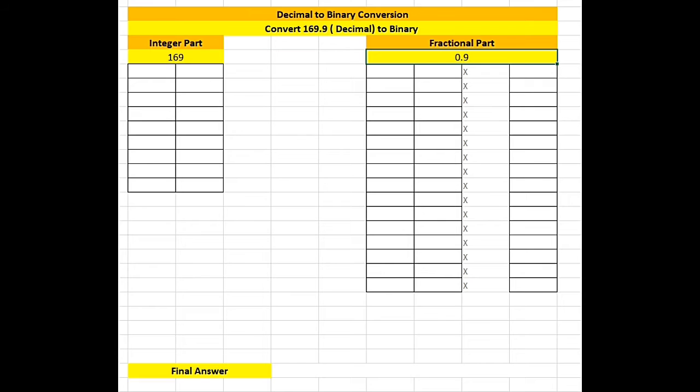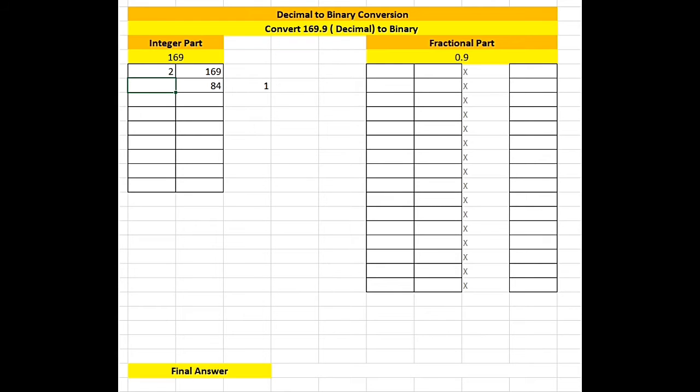For the integer part, the method remains the same as in the previous video. Here 169 should first be divided by 2. We get a result of 84, and the remainder is 1.